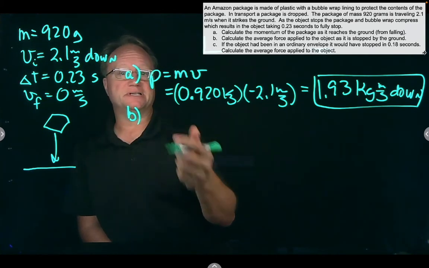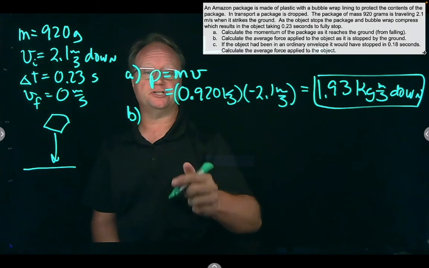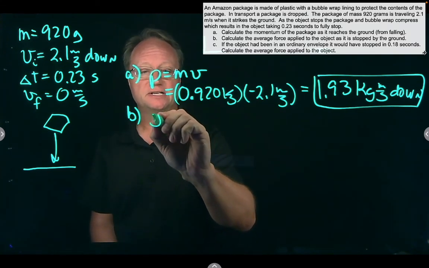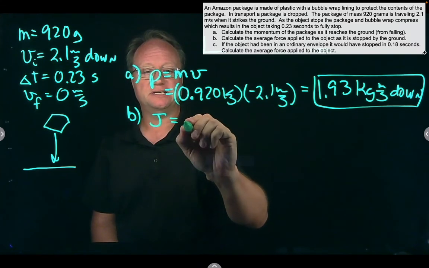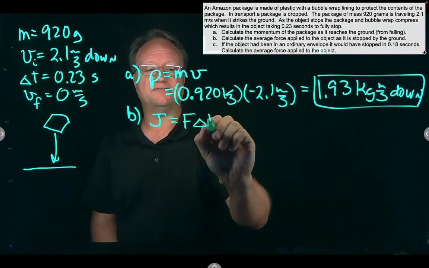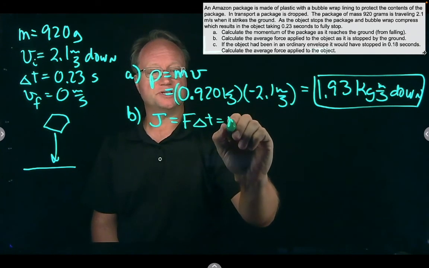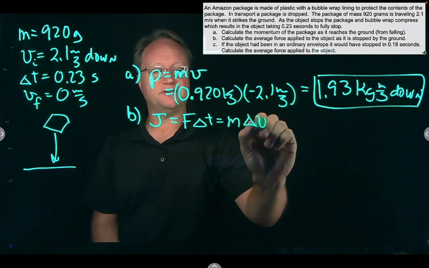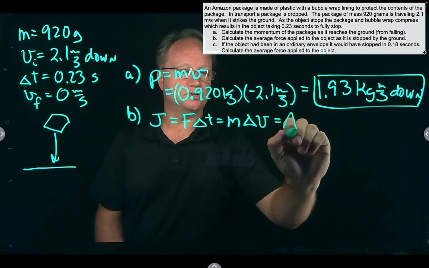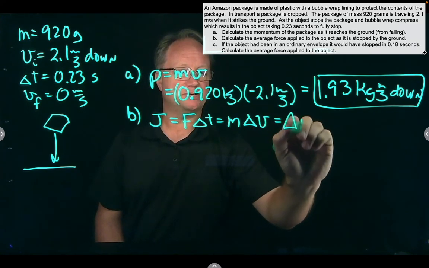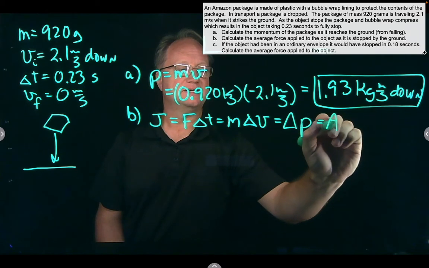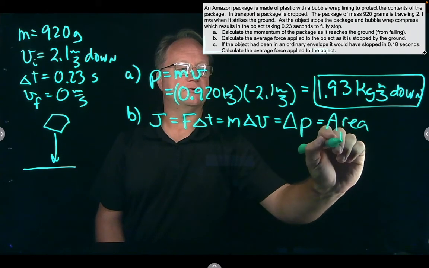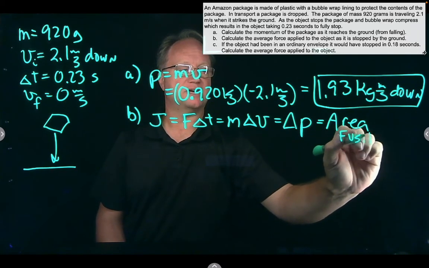Well, that stopping is a change in momentum, and a change in momentum is impulse. So our impulse equation, J, is equal to F delta T, which is equal to M delta V, which is equal to change in momentum and the area of a graph if we have a force versus time graph.